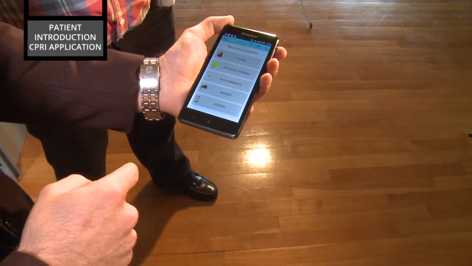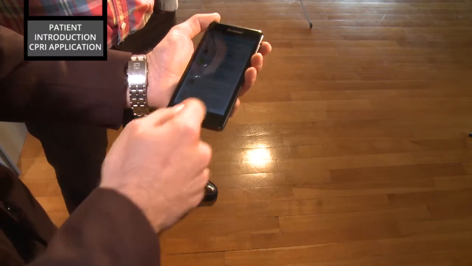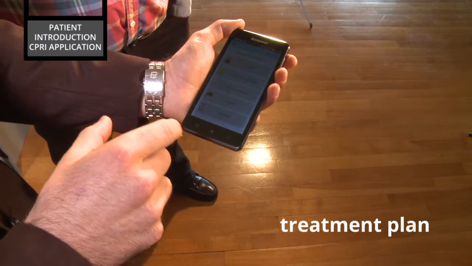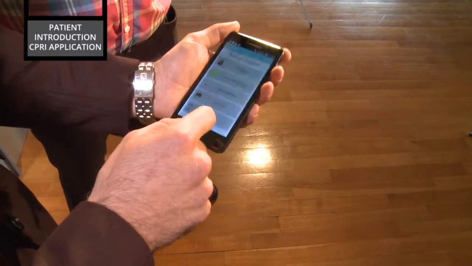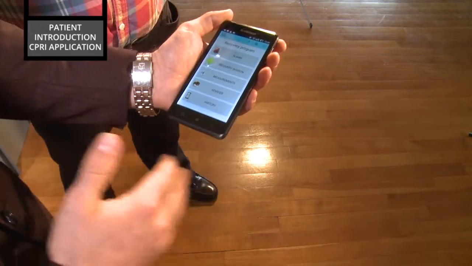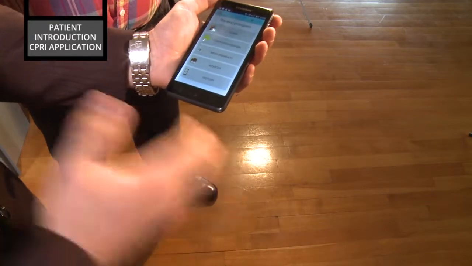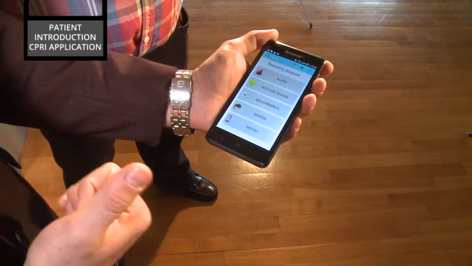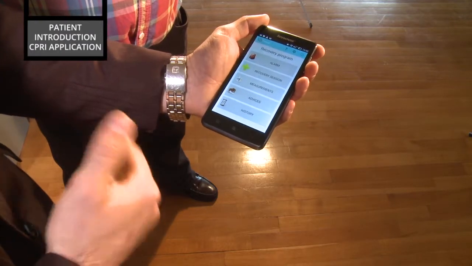Another thing is that he will have the treatment plan inserted into the smartphone, so the patient knows it if he forgot, because older people usually lose the treatment plans they got from the doctor and don't know exactly what their daily treatment is, and a nutritional plan.